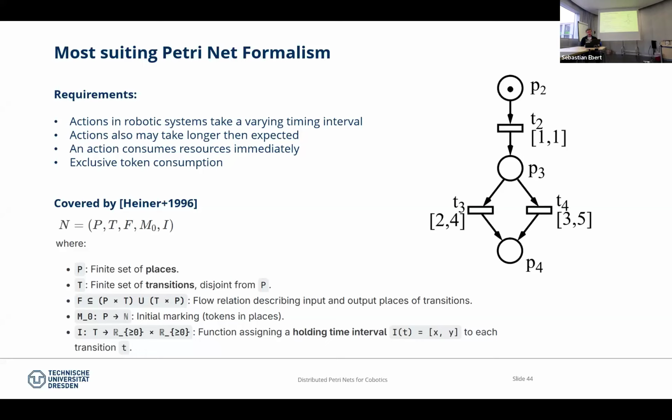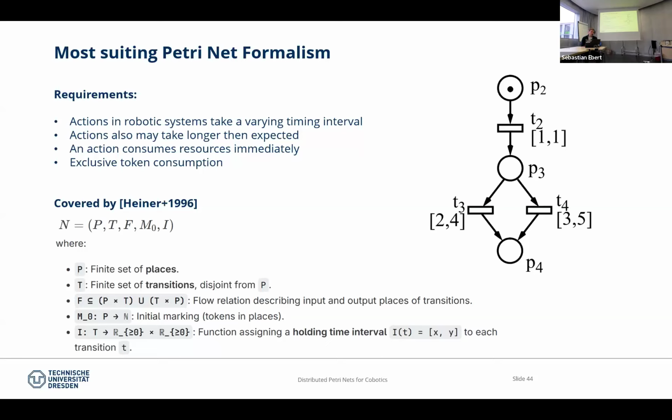And the second thing is actions need to consume resources immediately. For example, access control to the engine or the joints of a robot or to some shared resource. So this needs to be exclusive as well. And the type of patterns introduced by Heiner in 1996 do this. Here we have an interval again, but it works differently. If we have a look at T3, for example, 2 and 4 do not specify a wait interval, they specify a duration.